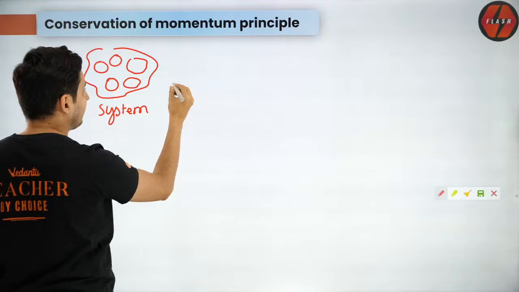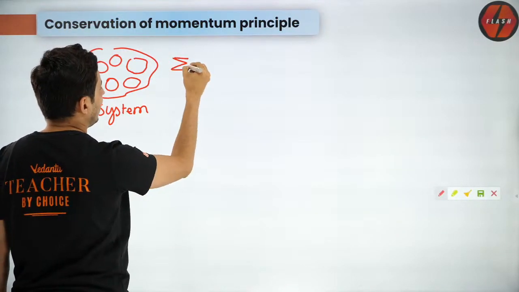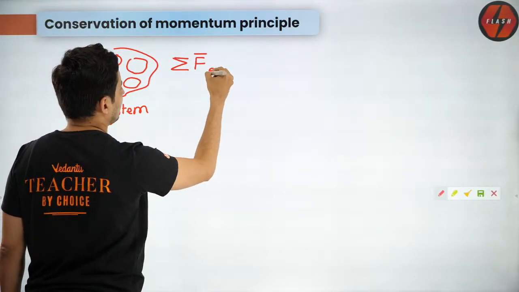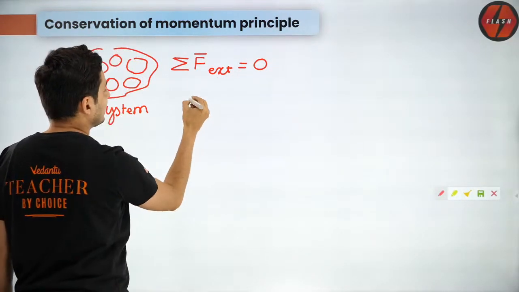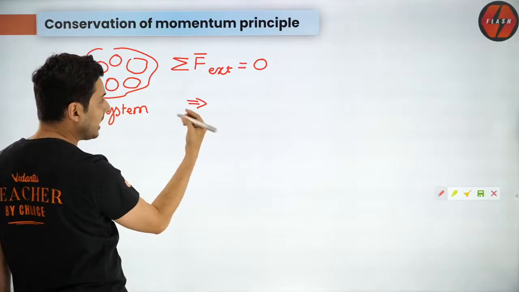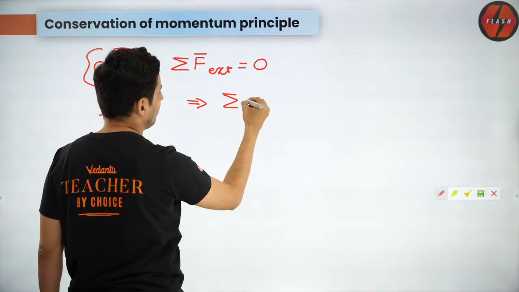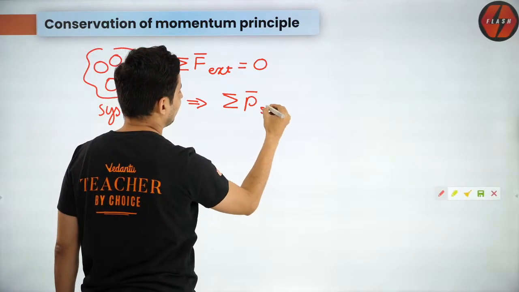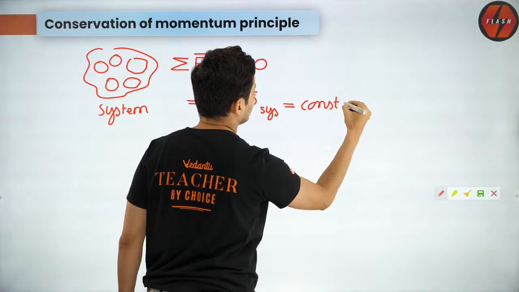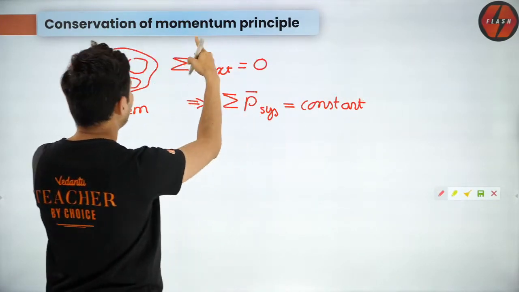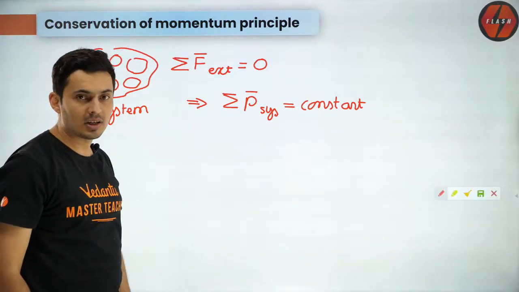If the net external force acting on it is 0, then it implies that the total momentum of that system is constant, or it is conserved. This is called the conservation of momentum principle.